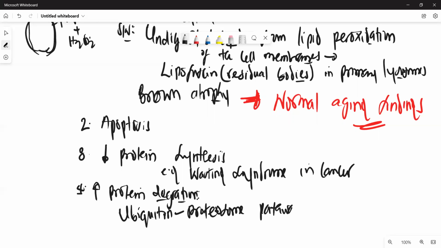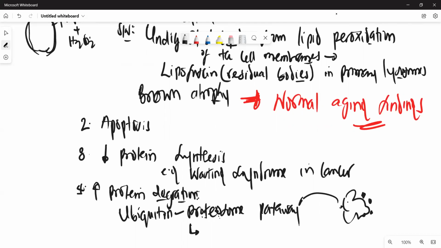So anytime you have a protein and a ubiquitin binds to that protein, it is usually a signal for that protein to go and be destroyed in the proteasome. So anytime you have a ubiquitinated protein, it's a signal for it to be destroyed in the proteasome. And this system will be affected in a particular condition that they love asking on the exam.